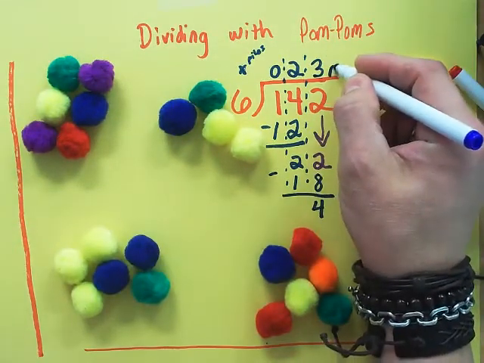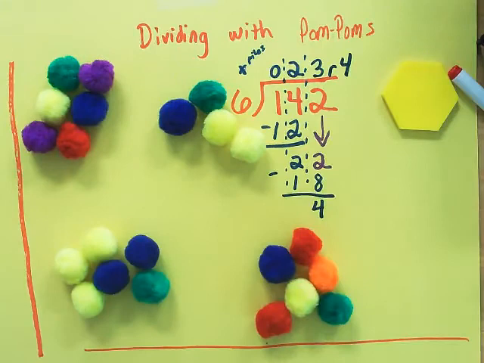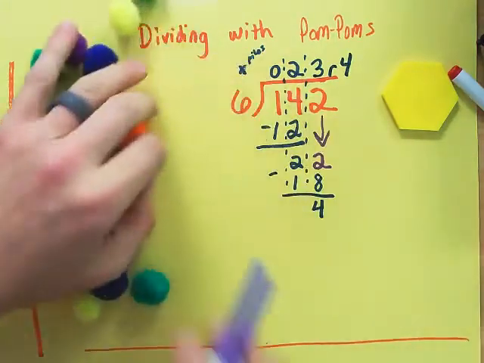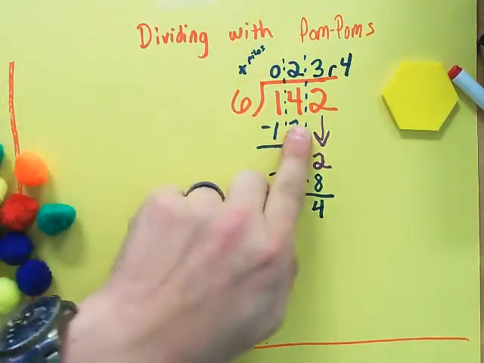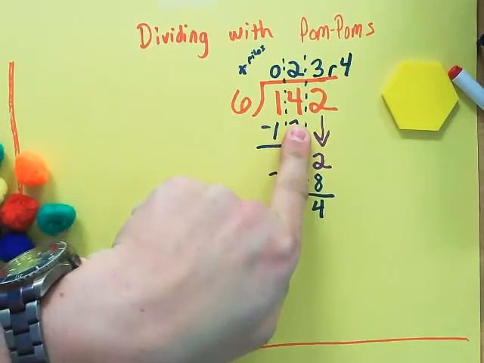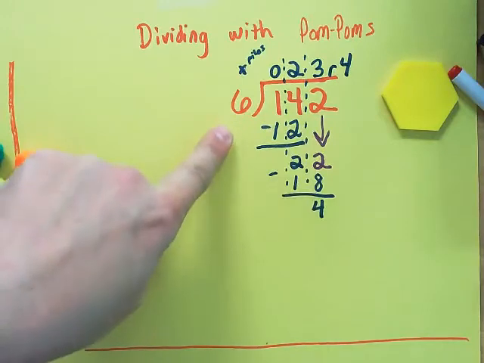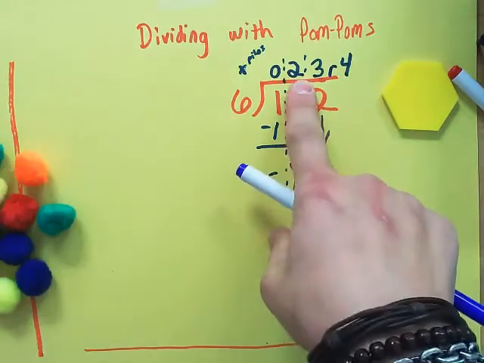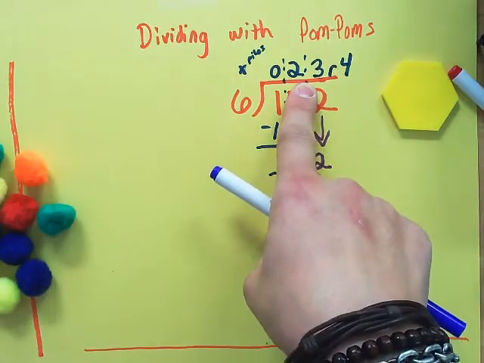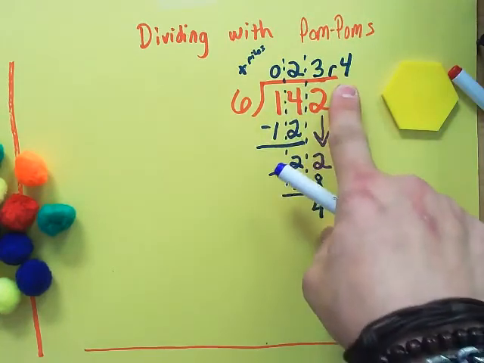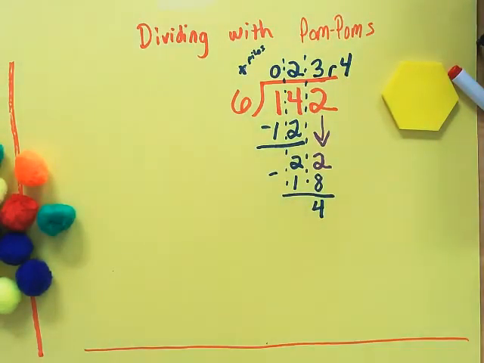So inside 142, if we had 142 of these pom-poms and we put them in groups of 6, we would have been able to make 23 complete groups of 6, and we would have had a little pile of 4 left over.